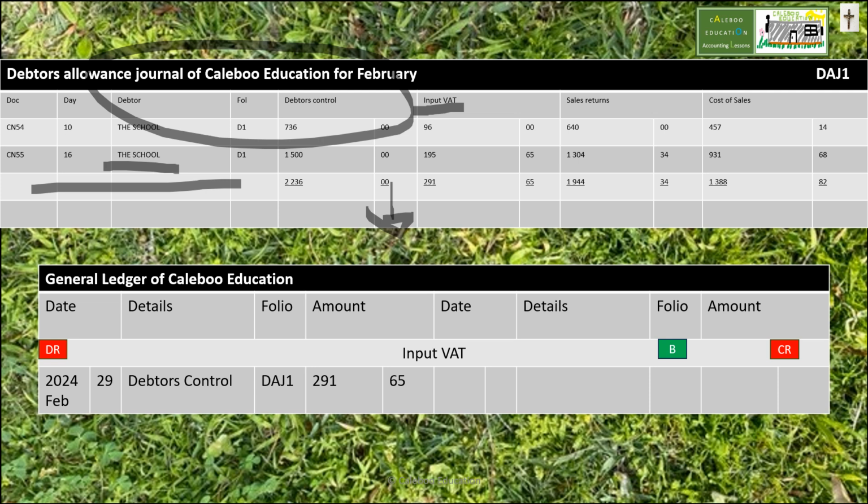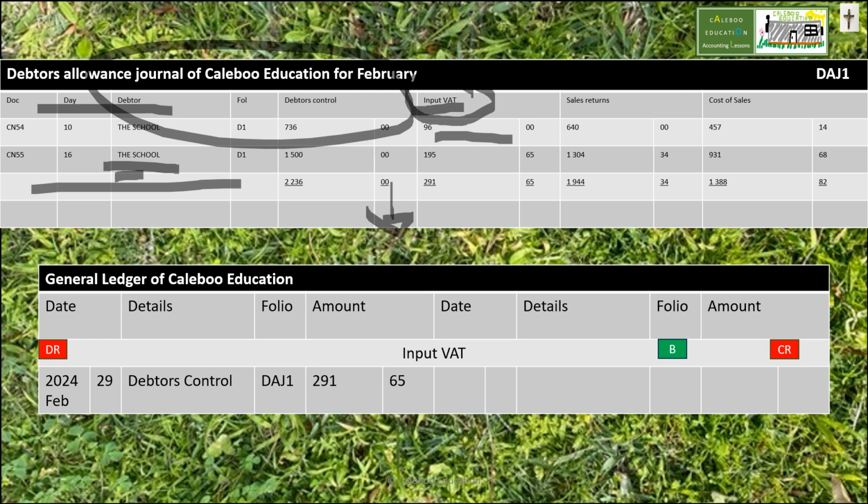When we originally made the sale to the school on credit, we claimed output VAT in the debtors journal, which needed to be paid over to the revenue services. Now what has happened here is, in inverted commas, the sale has been made smaller. So I'm not going to pay output VAT to revenue services when the sale has been made smaller. We need to reverse the output VAT.